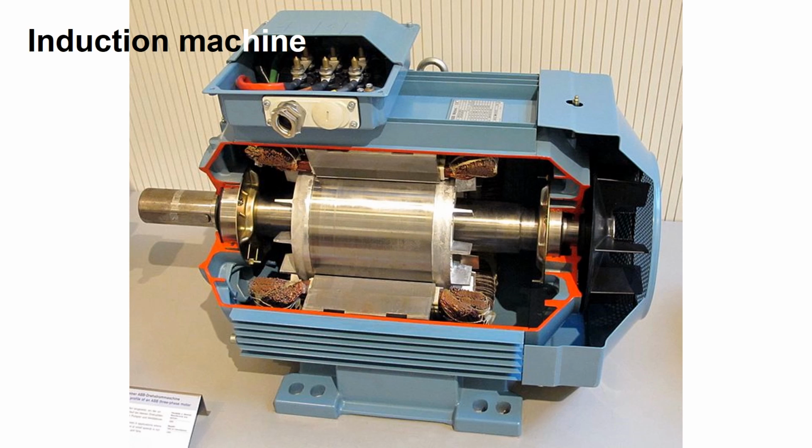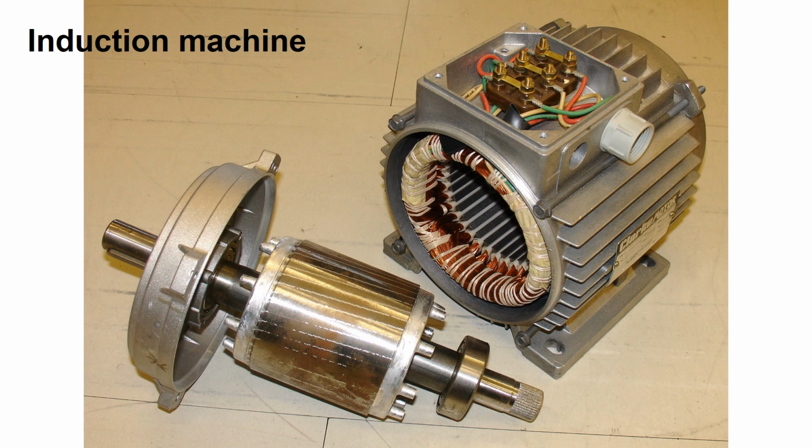The cutaway pictured here is an induction machine. In this design, the rotor is short-circuited and a current is induced in the rotor coils by induction using a time-varying stator field. This arrangement eliminates the need for brushes, which can be a weak point in the design of some electric machines. Here's another view of the same induction machine design, but with the rotor removed for viewing.